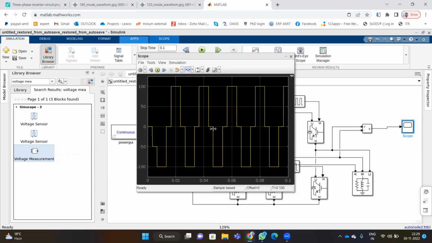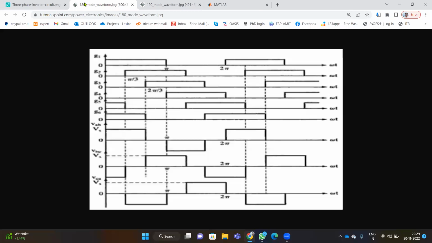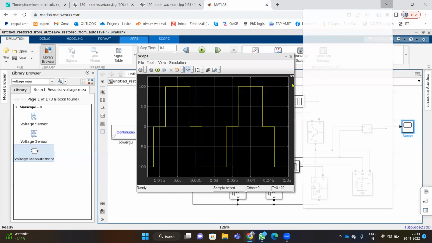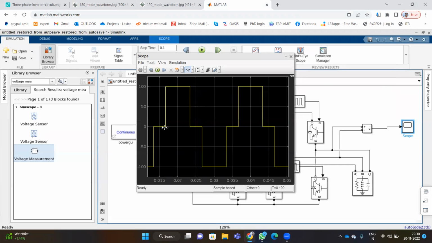So let's see this output for 2 cycles and compare it with this window. So see here, it is conducting for 120 degrees, then 0 up to 180, again negative for the next 120 degrees, and 0. So in the same way we are getting an output. It is conducting for one third of the half cycle, 120 degrees.